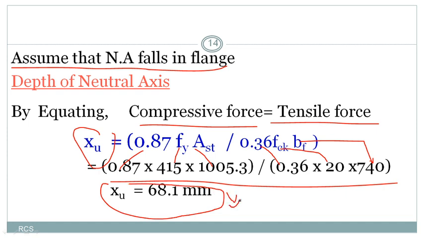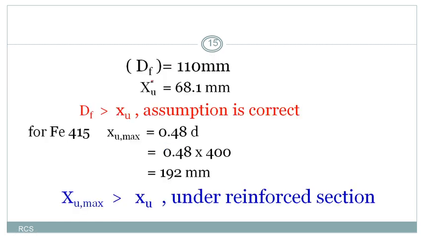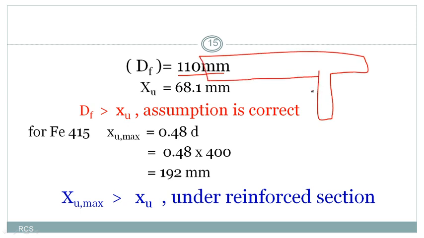Right? Now let us check our assumption. What you assumed here is that the neutral axis falls in the flange. Whether it exactly falls in the flange or web, now we'll decide. Actually DF is 110 mm. So again I will draw a T-beam here.